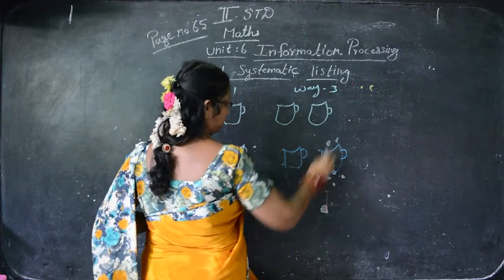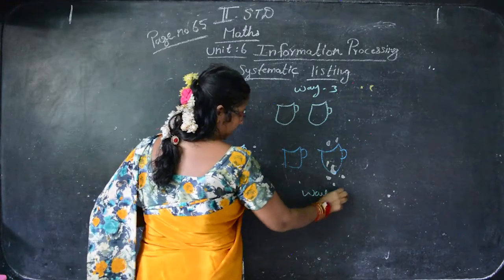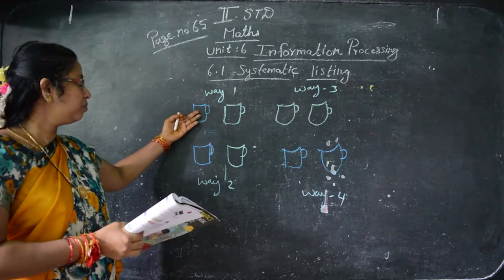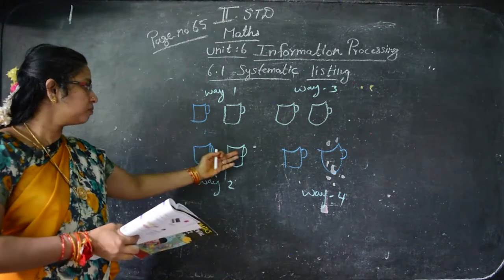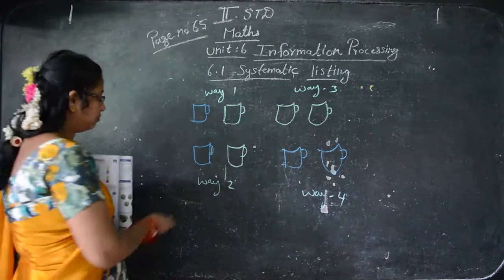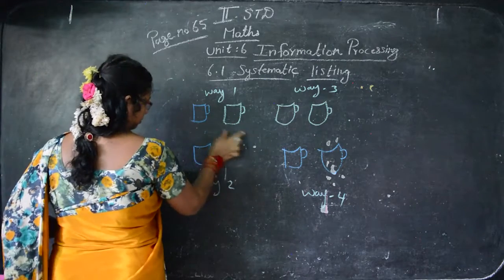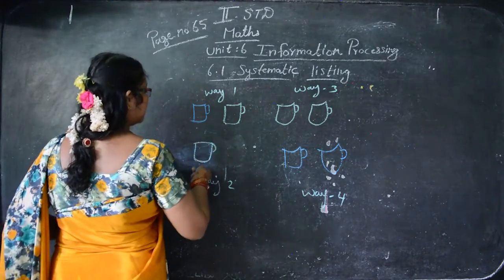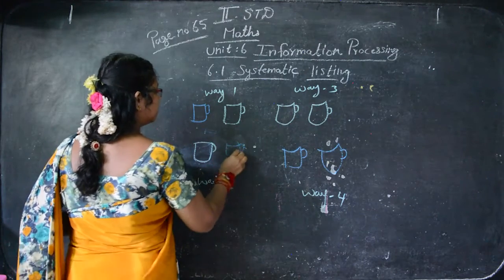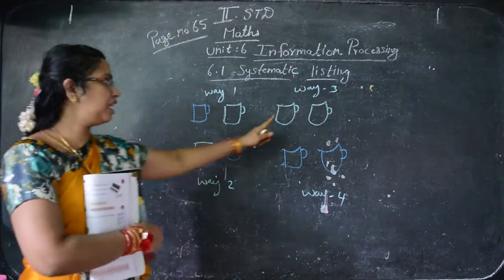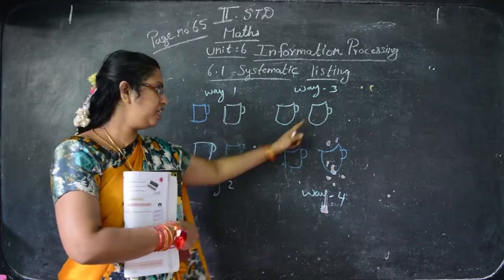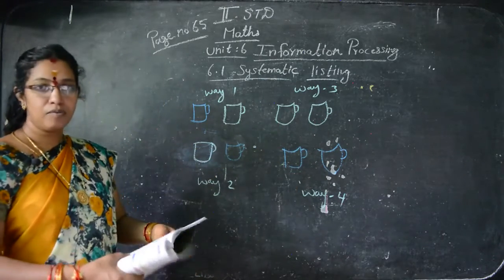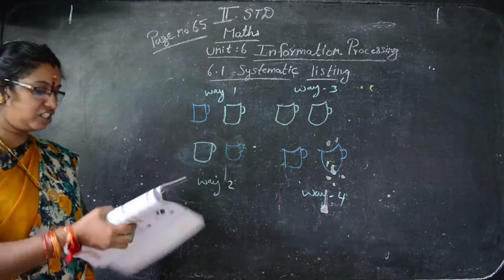Way 3, way 4. Okay children, we can arrange by this way. 1 purple, 1 green, another purple, green. Here green will come, here blue will come. This is way 2. Then same color, green color another way, then blue color another way. 2 ways. Totally 4 possible ways we can arrange it.